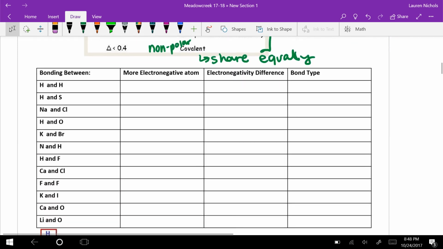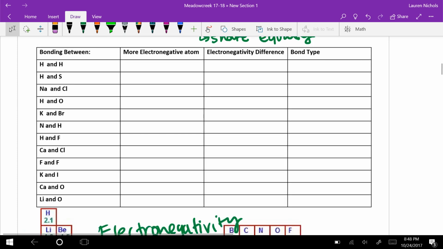And if we look at these practice problems, okay, if you look at hydrogen, and we want to see the most electronegative atom, well, between hydrogen and hydrogen, they're the same atom, and they're both right here, and it's got an electronegativity value of 2.1, so it's going to be hydrogen. The electronegativity, we would start with the highest, but since they're the same, it doesn't matter.